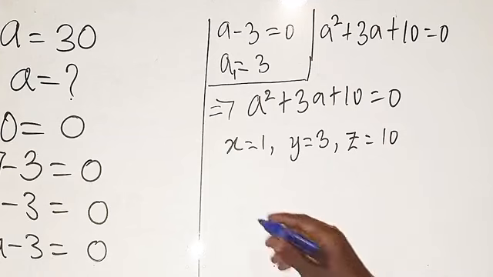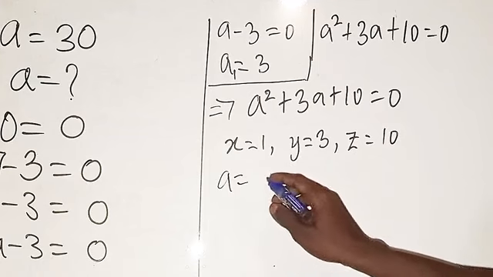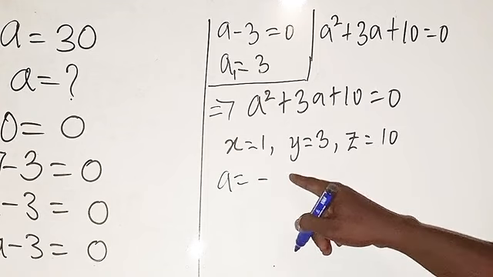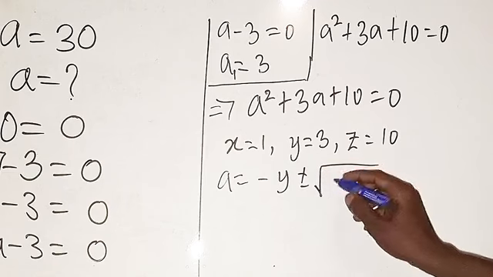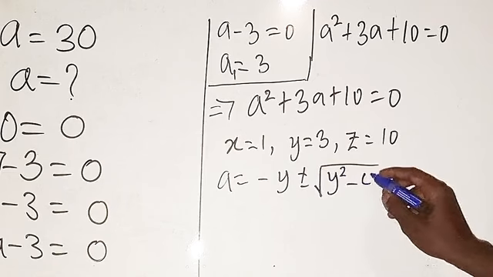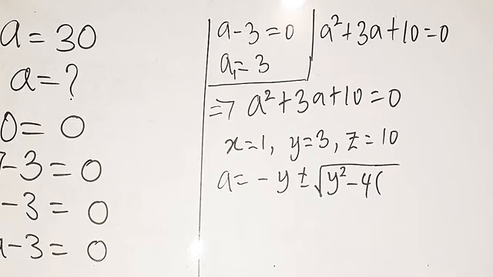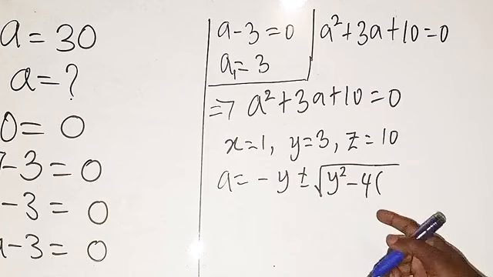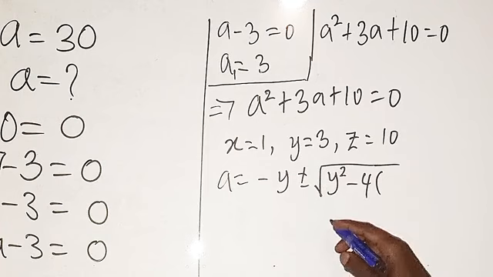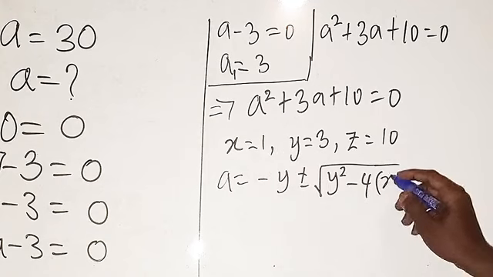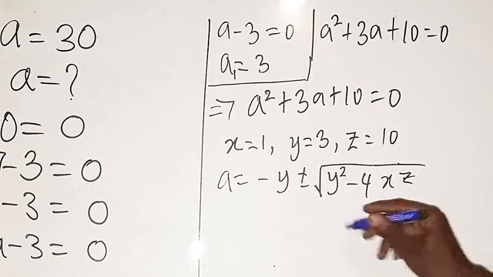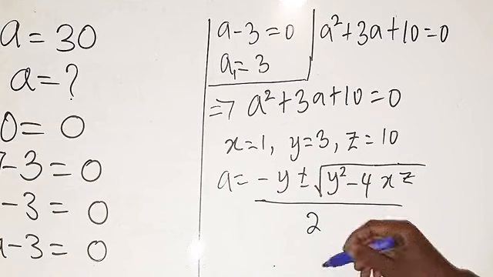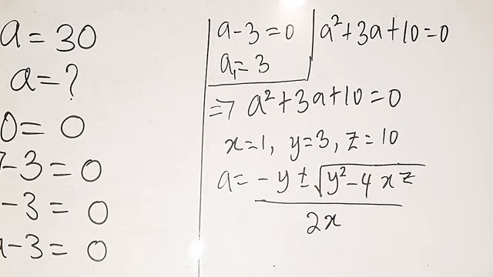The reason why I'm using x, y, z is because of the variable a we have here already, right? So therefore, we have a equals minus y plus or minus the square root of y squared minus 4xz, all over 2x, which is equivalent to our a.